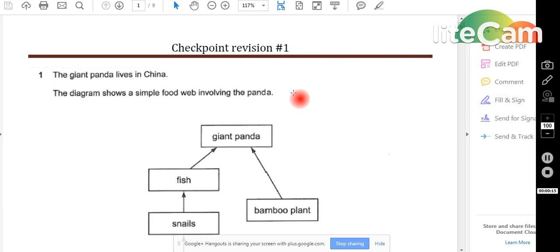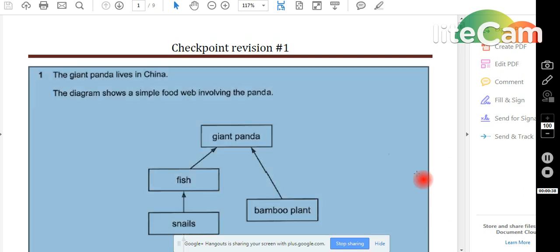Okay, so now we're going to have a look at some past paper questions. The big thing about this lesson is that I want you to see how to look at the questions. The first question says there's a giant panda that lives in China, and the diagram shows a simple food web involving the panda.